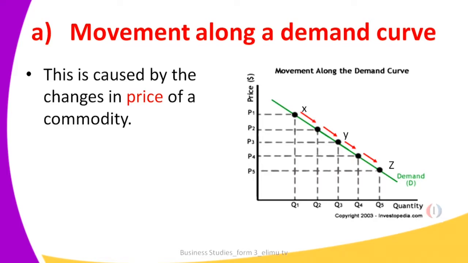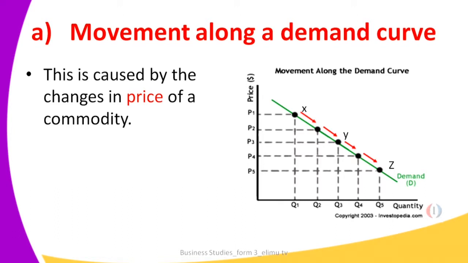And number one, before we look at how movement along a demand curve comes about, it is important that you note that movement along a demand curve is caused by none other factor than the price. Remember, in the previous lessons, we talked about the factors affecting demand.